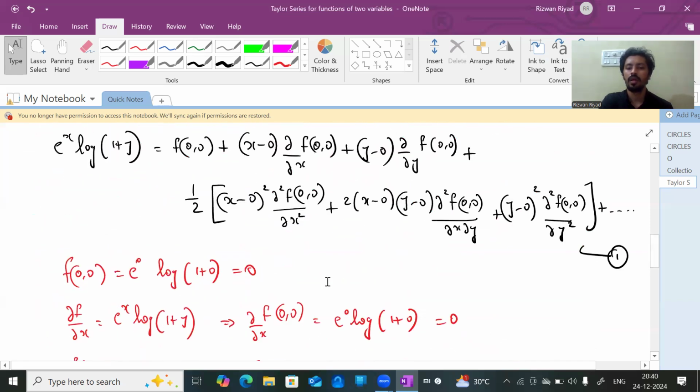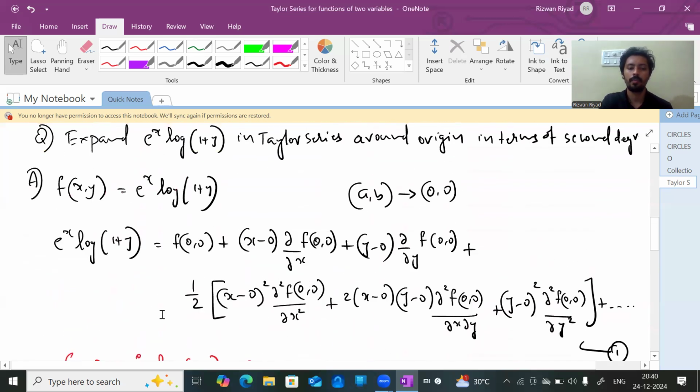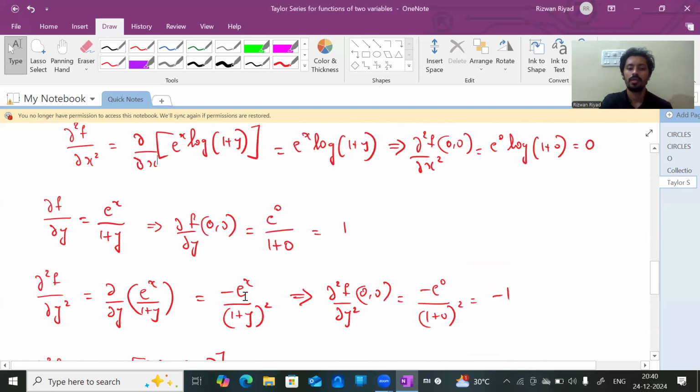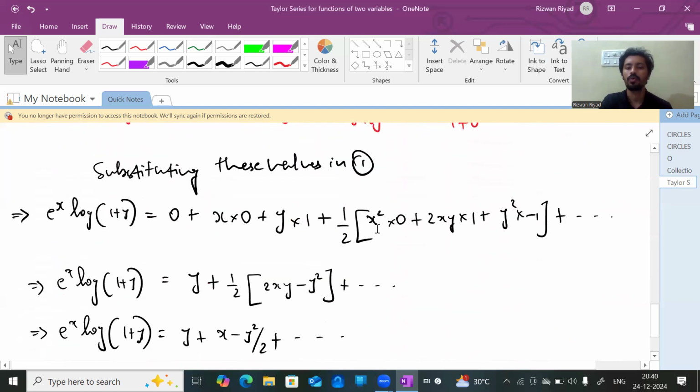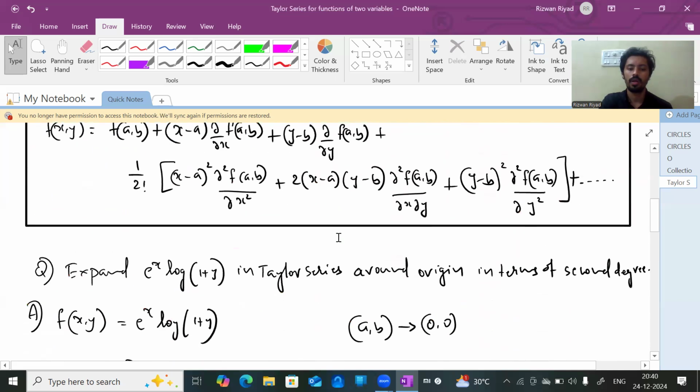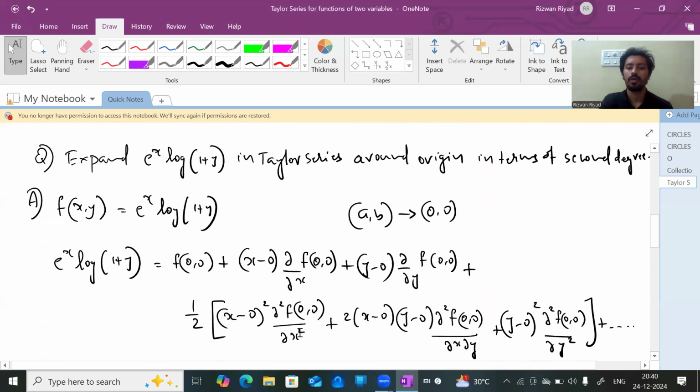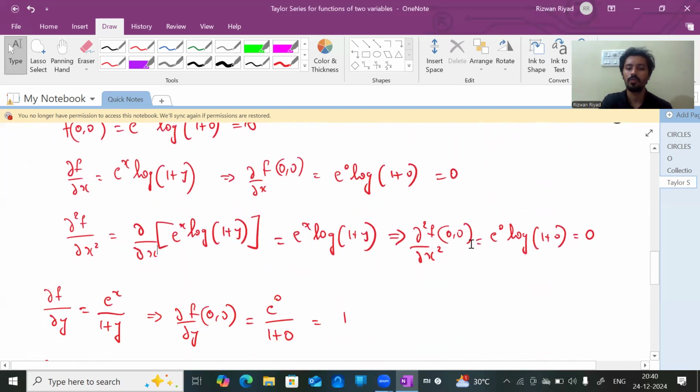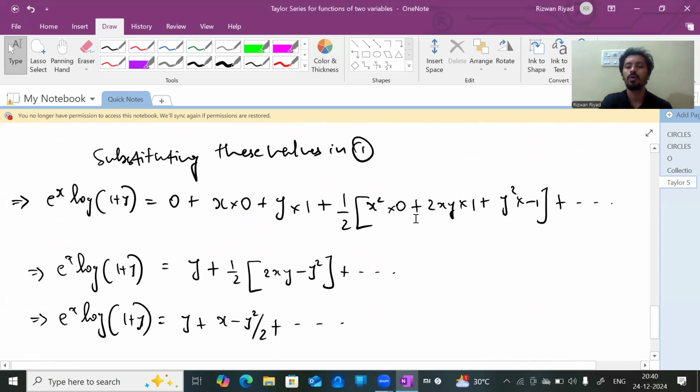Then after that what we have? Plus 1/2. This (x−0)² becomes x², that's what you can see here: 1/2 x² into ∂²f/∂x² at (0, 0). We got the value, that is 0 only. So that becomes x² into 0.